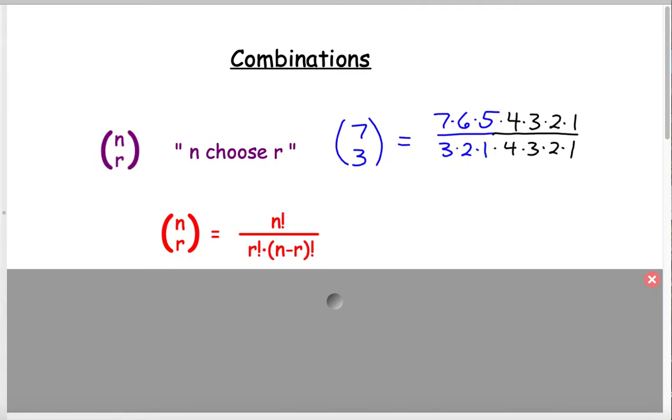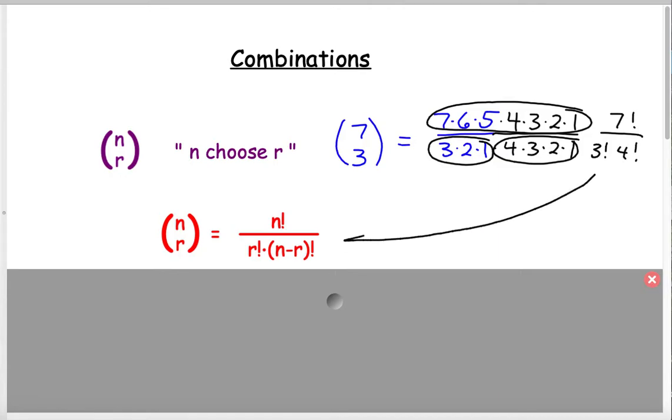I'm just making it look more complicated. And so now the top I can write as 7 factorial, and the bottom I can write as 3 factorial times 4 factorial. And hence, that's where this comes from.